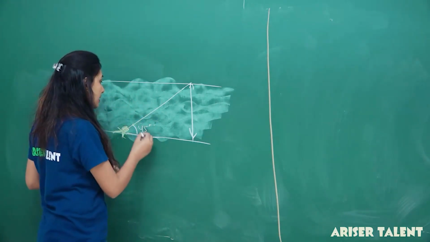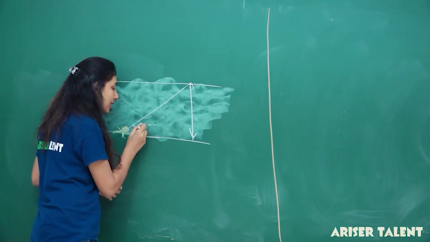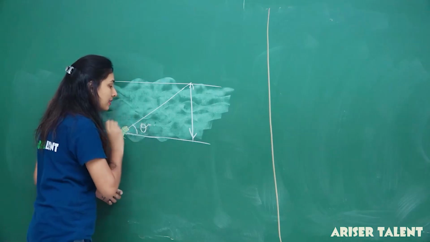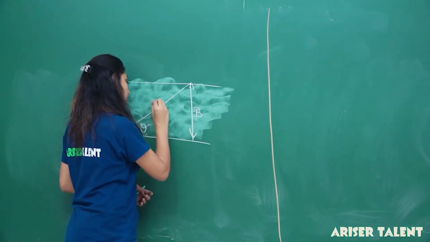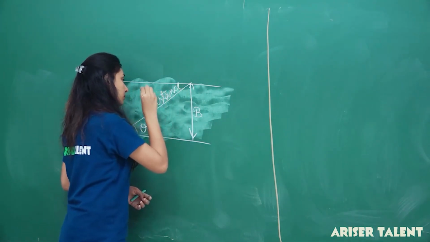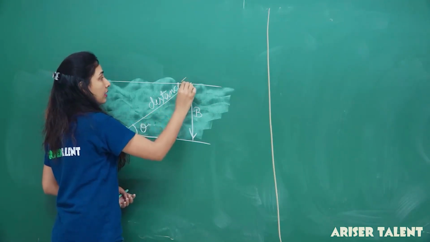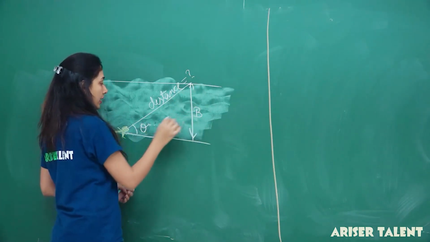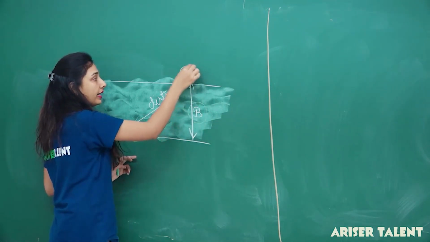The first case is you will be given this 45 degree angle, or any angle theta. If he has given you theta and the breadth, then you have to find the distance.